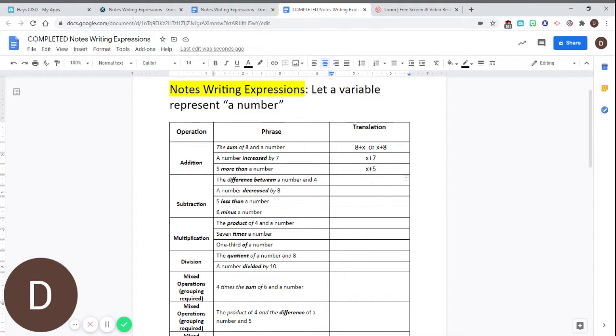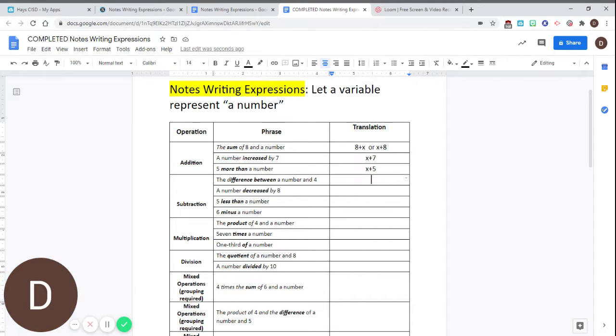Whenever it's a sum, I can just write it kind of how I read it, but it's not wrong if I flip it. Because if you add 2 plus 3 or 3 plus 2, you get positive 5, right? That doesn't matter. But when it comes to subtraction, we want to read it and write it in the order that the phrase states.